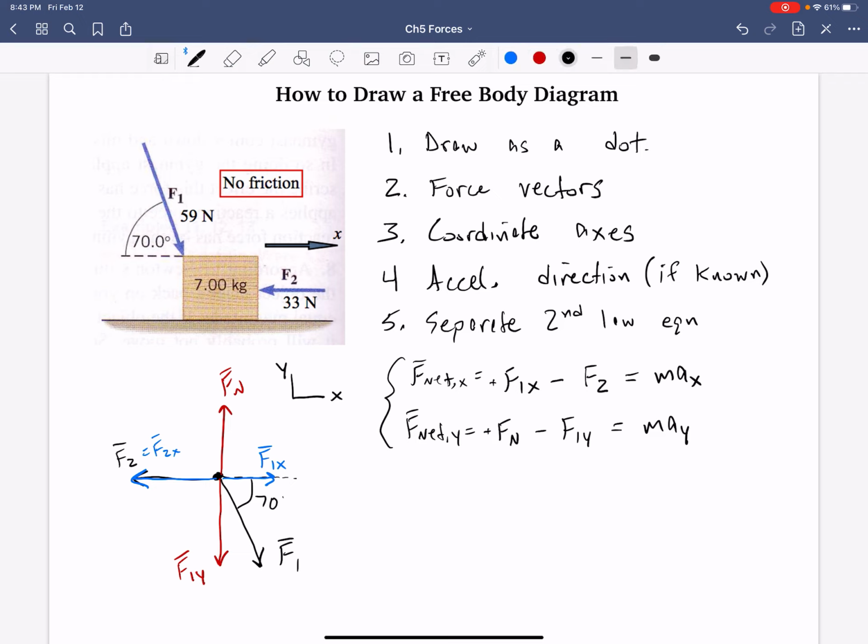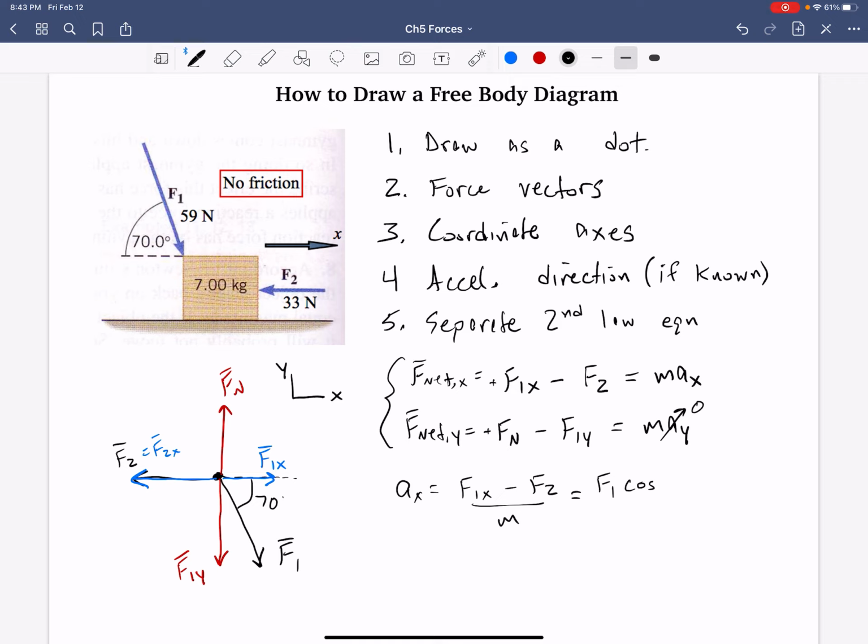The acceleration in the y, we can already cancel that out. That equals 0. Right? And we can solve for ax. This is the acceleration that this block would have. So in that case, F1x minus F2 divided by mass, right? That will equal the acceleration. Do we know that? Well, we do. F1x is the magnitude of F1 times cosine of the angle.